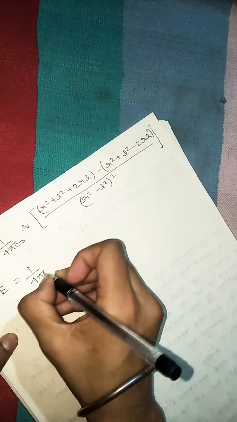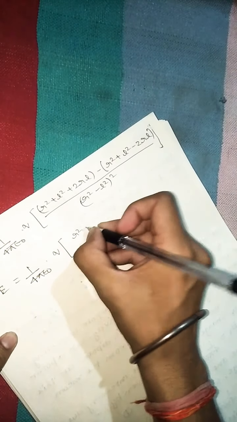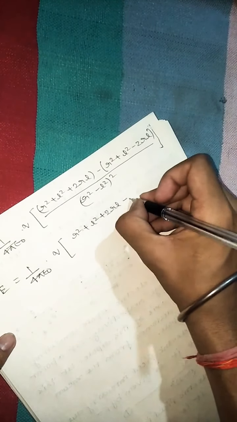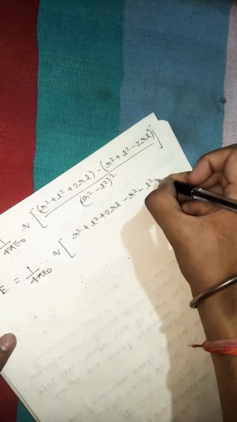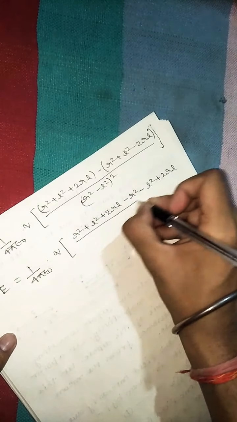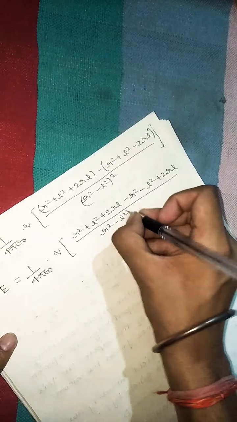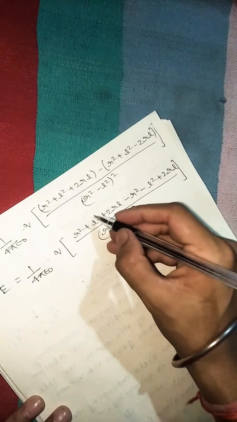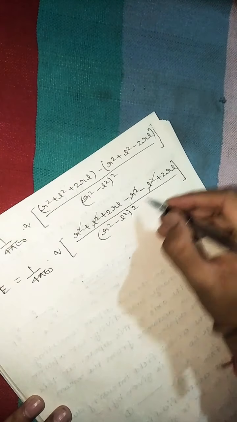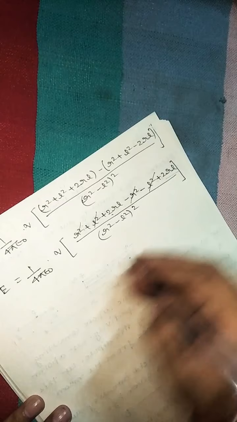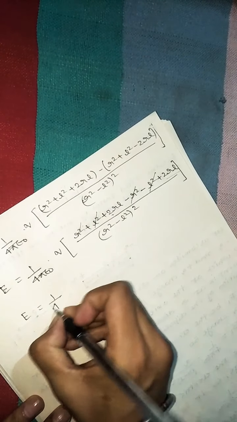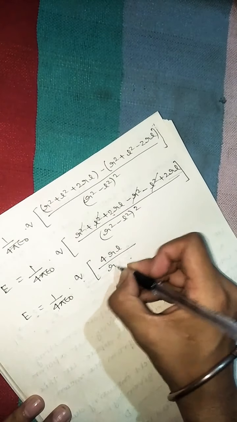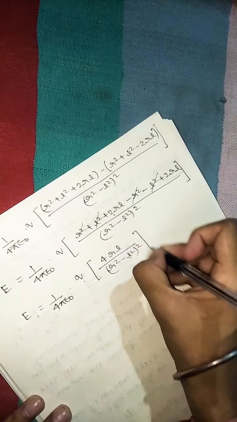When we apply the minus sign inside the bracket, it converts the signs. We can see that r square and l square are cancelled out. What we have left is 2rl plus 2rl, which becomes 4rl. So 4rl upon r square minus l square whole square.